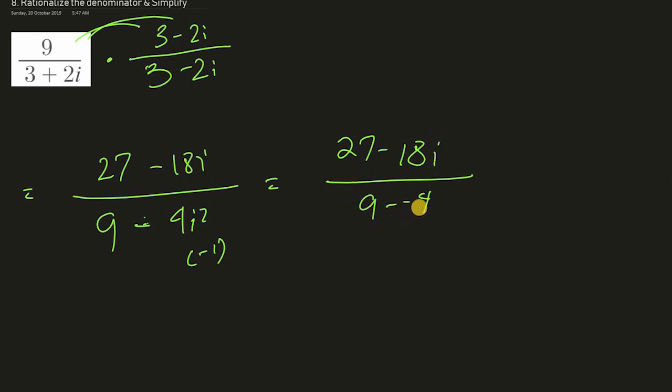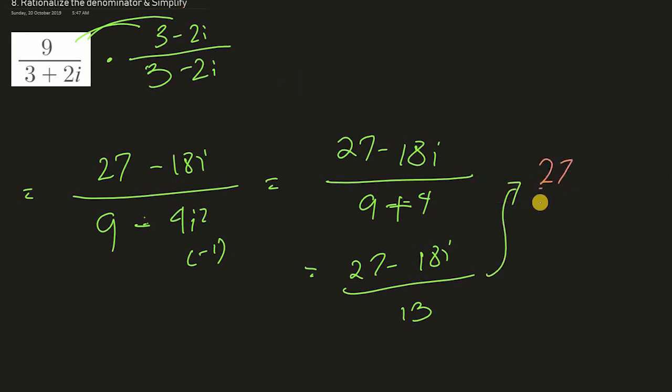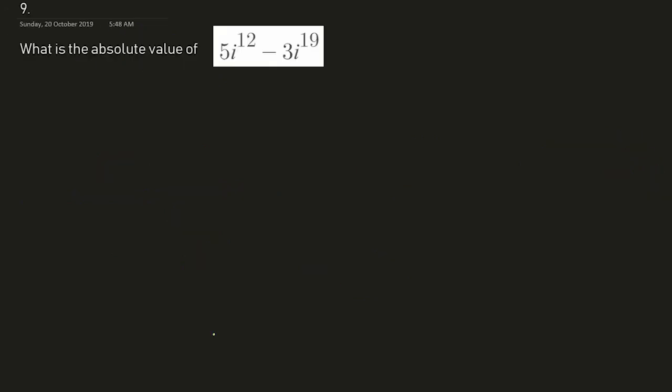So, 9 minus negative 4, magiging plus yan. So, that's positive 13. So, simplifying that, our final answer would look like this. 27 over 13 minus 18 over 13i. So, this is our final answer in rectangular form.